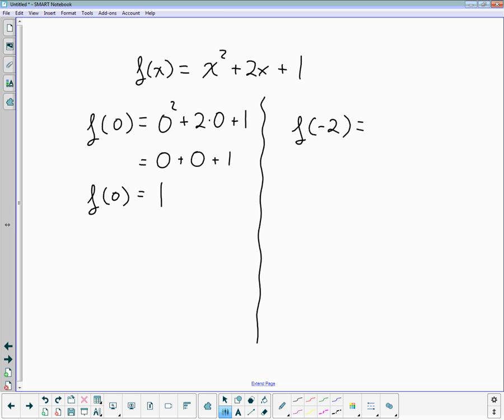What happens if I plug in negative 2? What happens when I plug in a negative 2? Do the same thing. So, negative 2, what do I do?